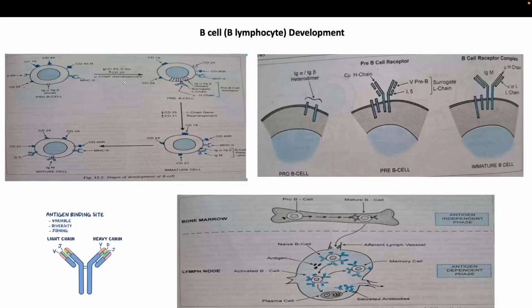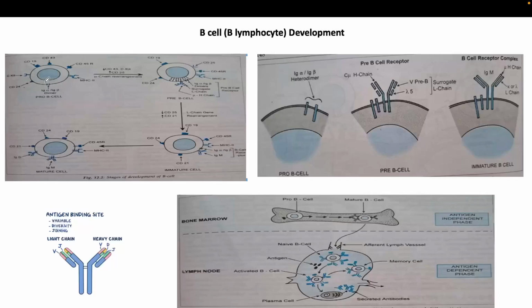Then the mu chain rearrangement takes place. Here it means the heavy chain, because in the antibody classes we have seen that the antibody name is given based on its heavy chain, right? So mu chain means it will give rise to the IgM antibody.